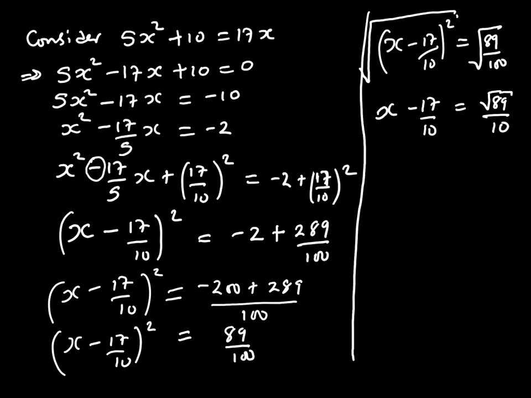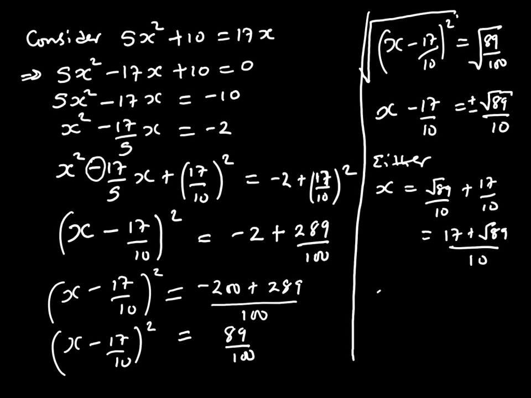But the square root of 89 is either positive or negative. So we get two x values. One x value is when you decide to take a positive root. So either x is equal to root of 89 over 10 plus 17 over 10, I think when you solve here, you're going to have 17 plus root 89 divided by 10. That's one x value.